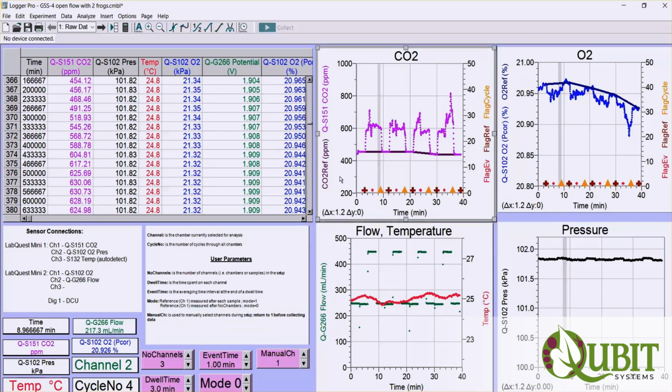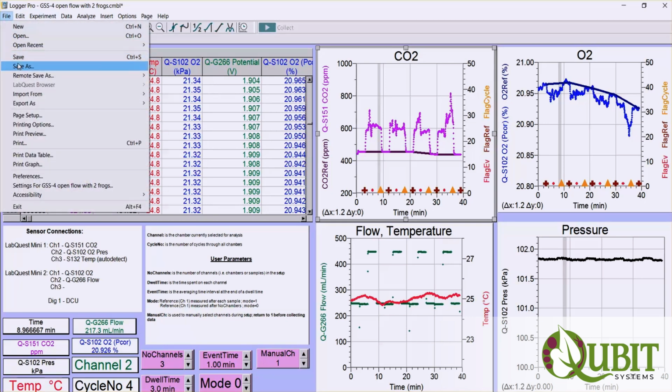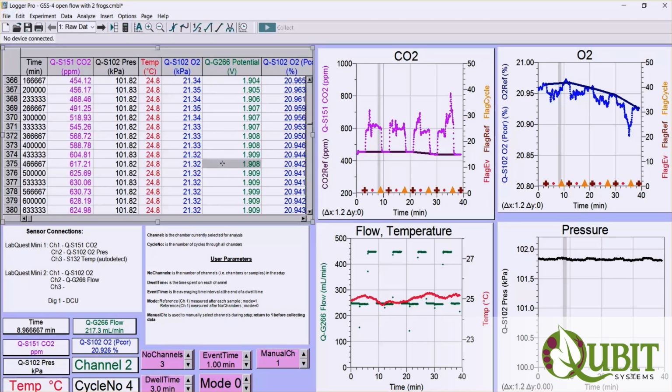What we would recommend is that people save their data frequently by going to File, Save As in a specified location. That's important because Logger Pro does not automatically save any of the experiments. They have to be saved manually. If you're running your experiments over a few hours, it's a good idea to save periodically.